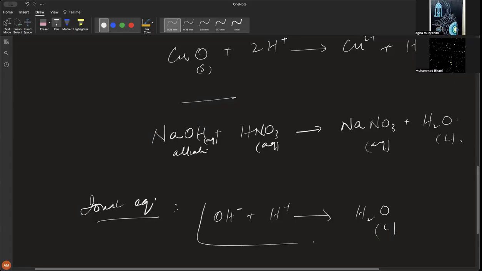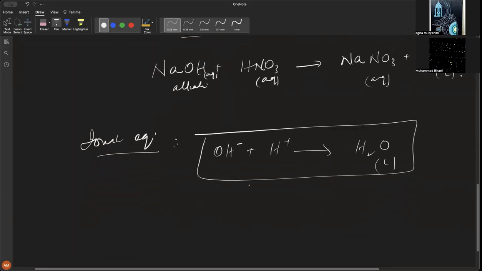When we have this ionic equation, this is called a neutralization reaction. You understand? For every neutralization reaction, the ionic equation is going to be like that. Is this clear? Do you have any queries?